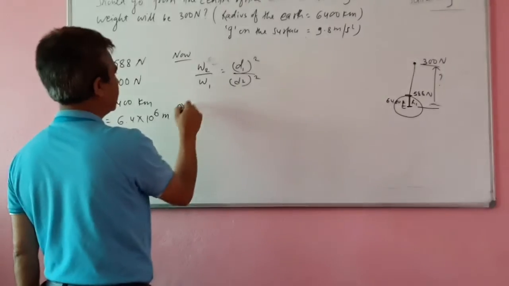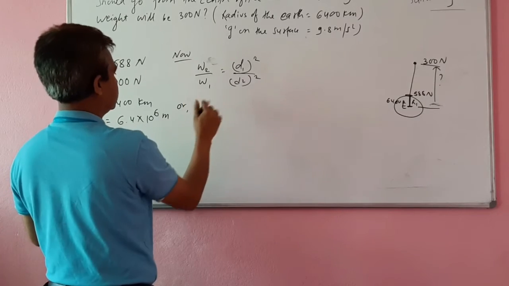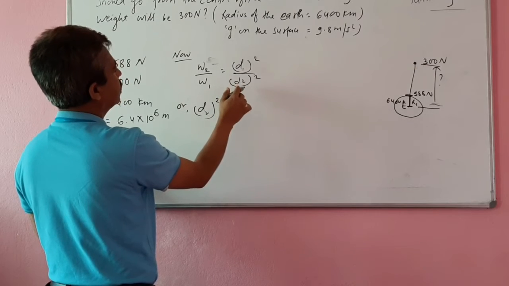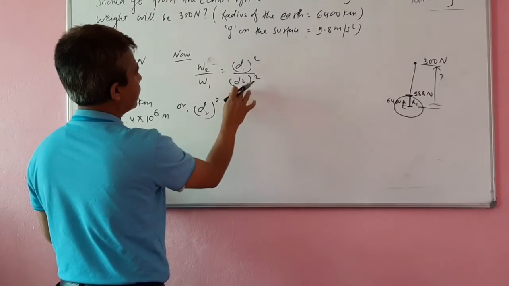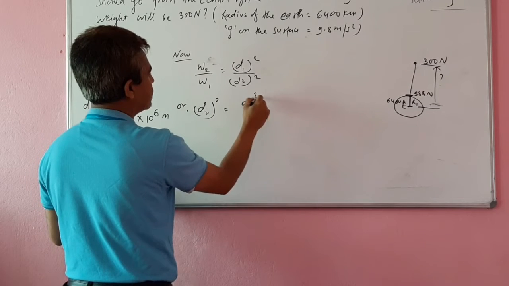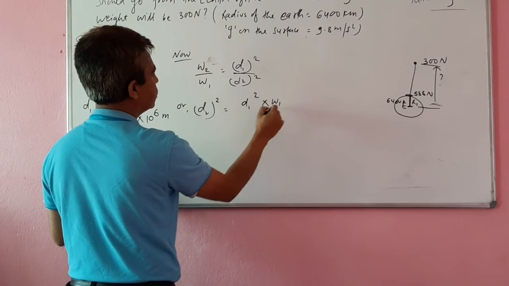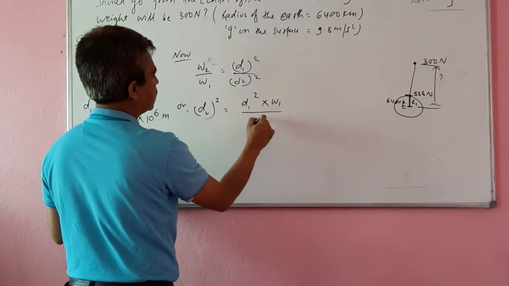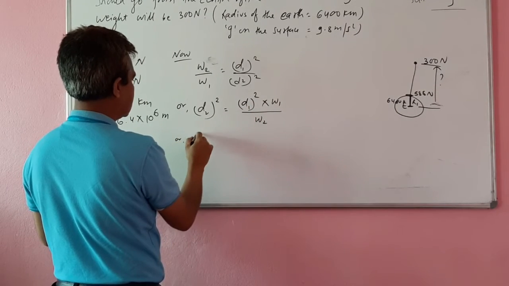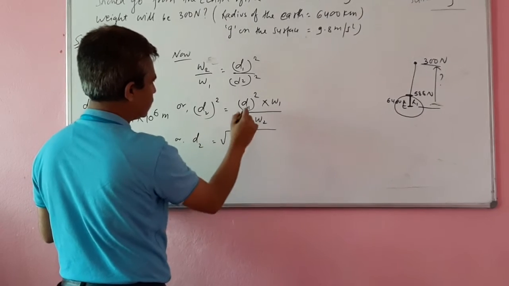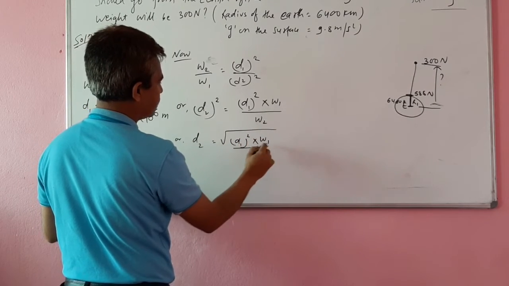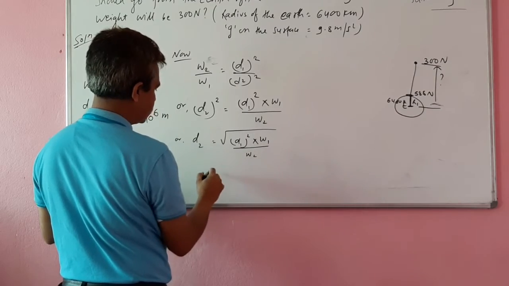What to calculate here? D2. So D2 square equals D1 square multiplied by W1 by W2, or D2 equals root under D1 square multiplied by W1 by W2.